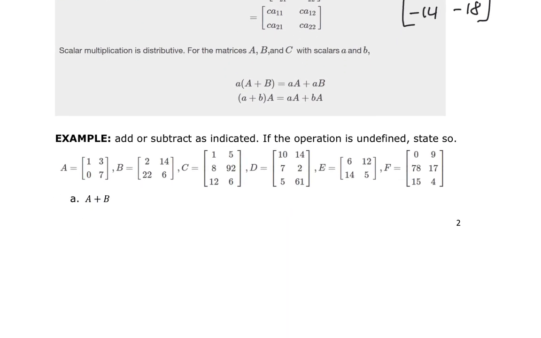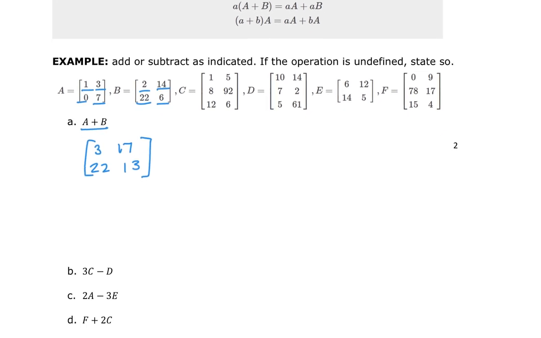So let's do some addition and subtraction. I'm going to do my A plus B, so I'm going to take this plus this. That's going to give me 3. And 3 plus 14 is 17. 0 plus 22 is 22. And 7 plus 6 is 13.